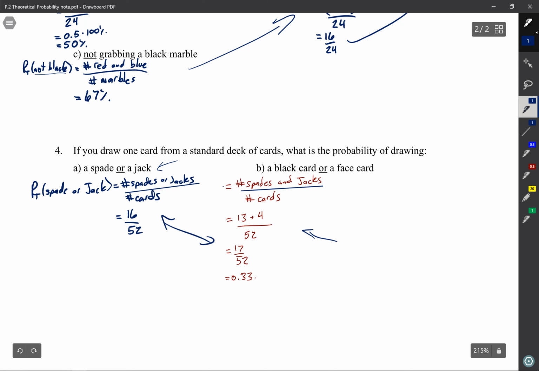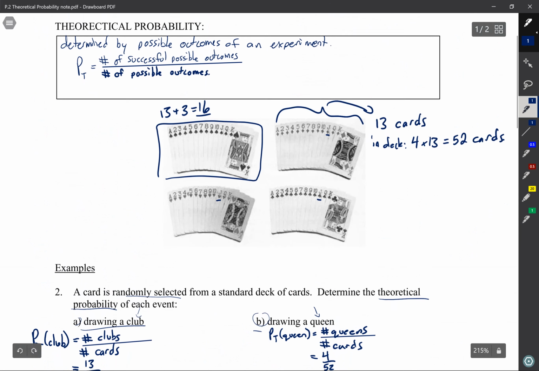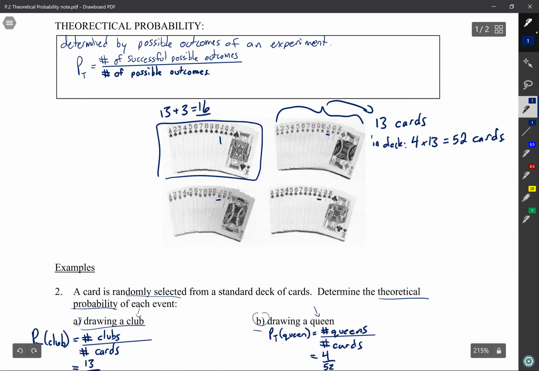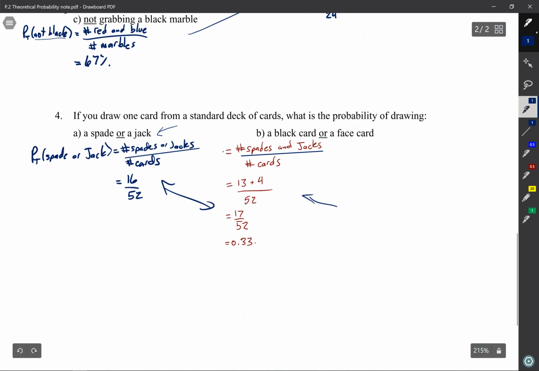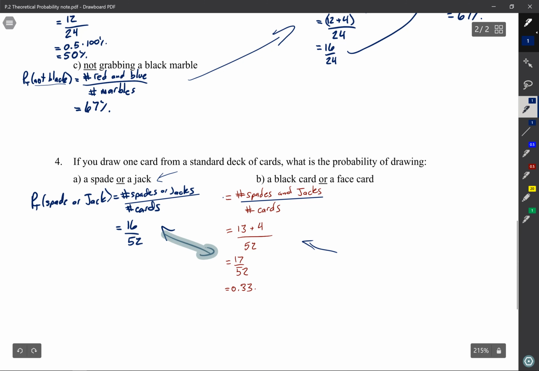Well, the reason for that is we have 1 jack up here, the jack of spades. That one, when we performed the problem without referring to our deck of cards, we counted twice. We counted it as a spade and as a jack, but we can only pull it out once. It's only one possible outcome because it's only one card. So we only are able to count it once.